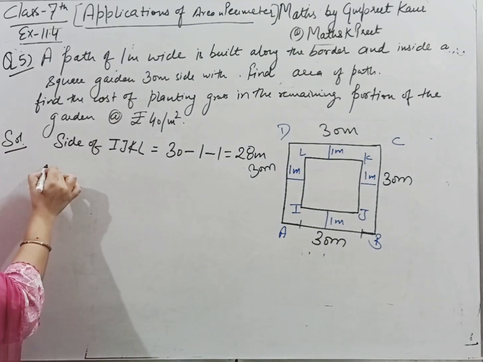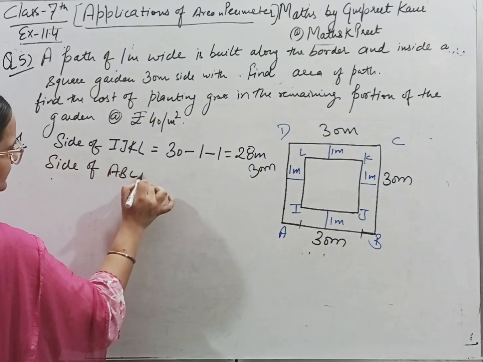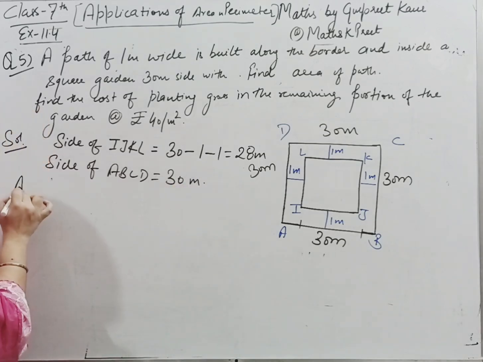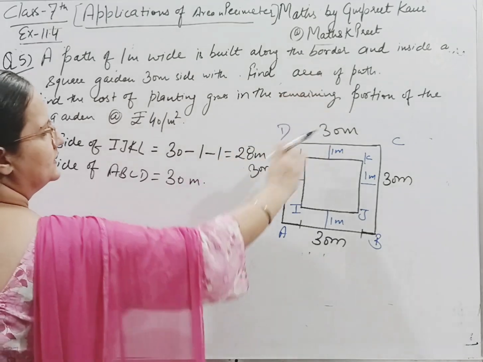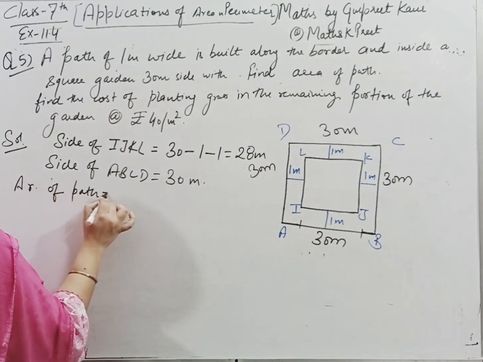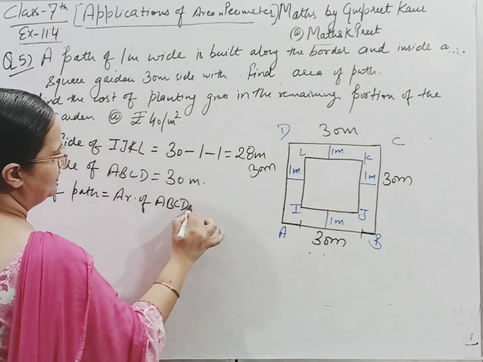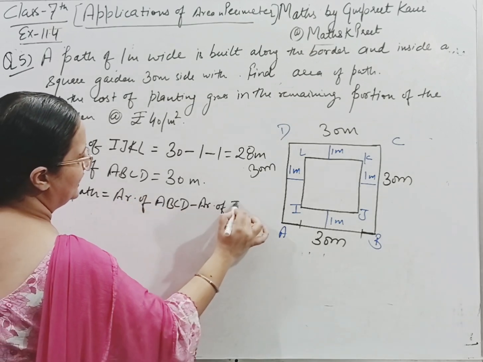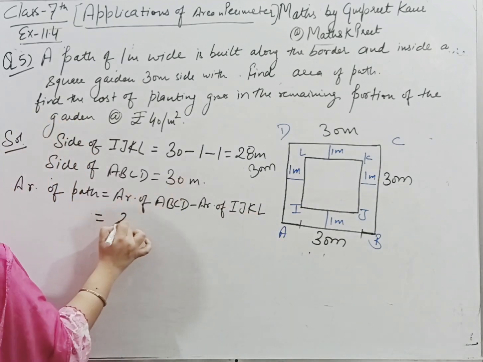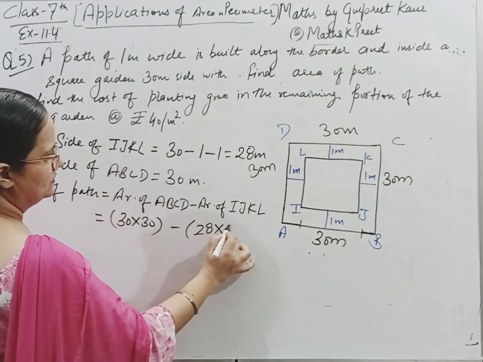Now side of ABCD is given as 30 meters. Now we have to find the area of this path. Area of path will be equal to area of ABCD minus area of IJKL. What is area of ABCD? 30 into 30, side into side, and here also side into side.